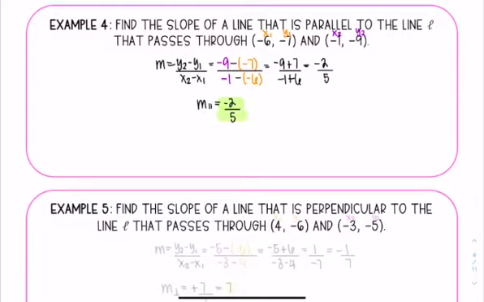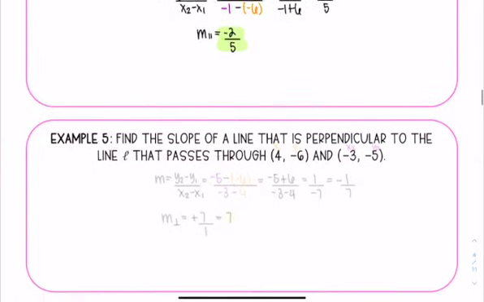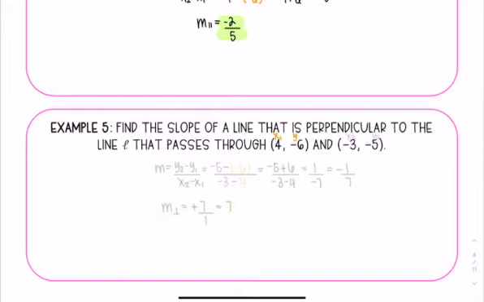Now what about perpendicular? We still want to approach this the same way, but it will change when we find the perpendicular slope. So the first thing we have to do is find the slope of the original line.